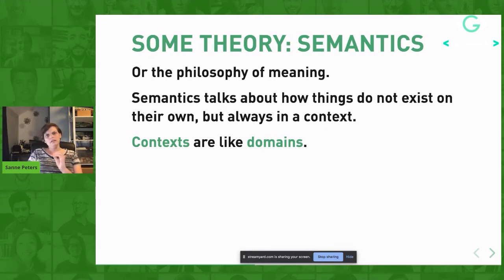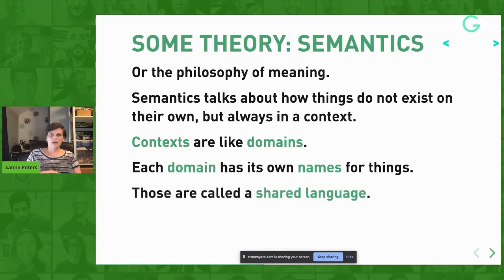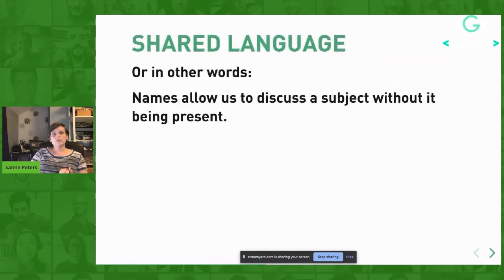Each domain has its own name for things, like terms, or some stuff that's actually the same in different areas but simply has a different name. And those names within a domain are called a shared language. And you might actually have that already within a small part of your team or just between colleagues. So the shared language, sorry, getting a dry mouth.